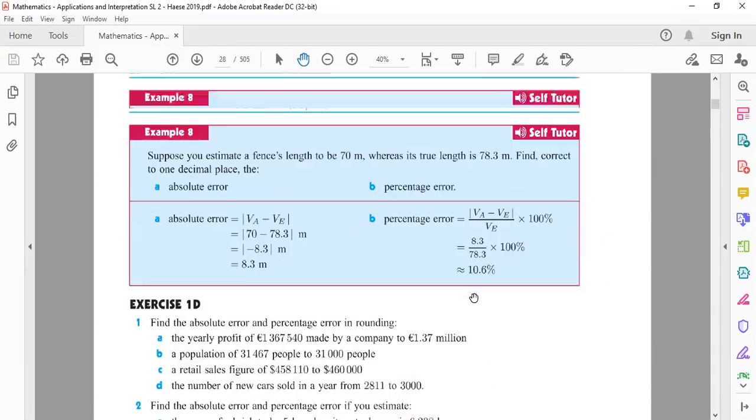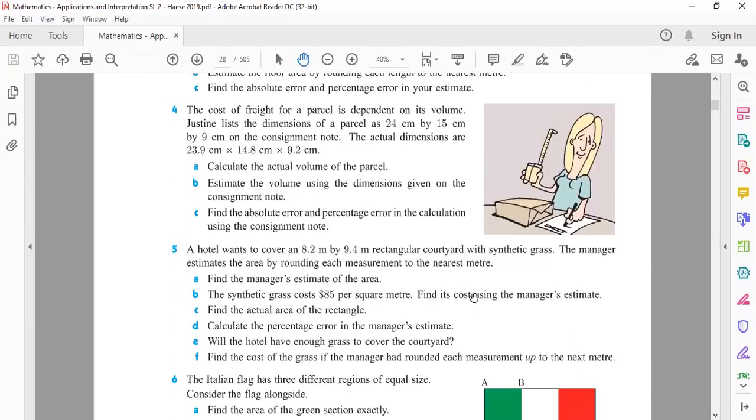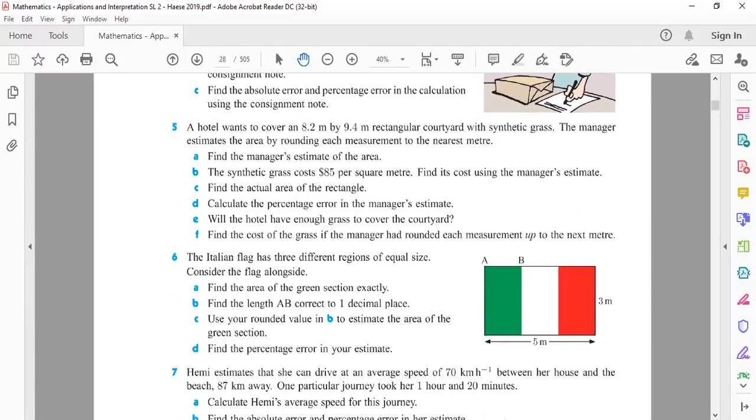One minute, let me check. It's 1D and you're doing the fifth one. So which one? Fifth one.